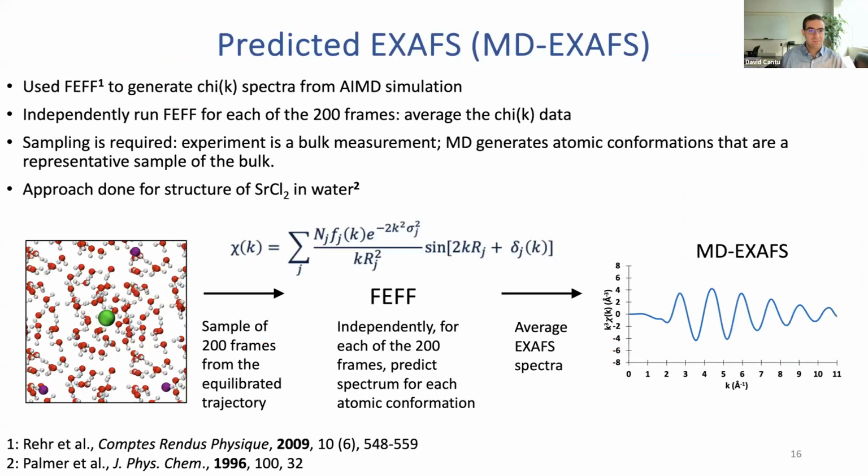And then, to compare to experiments, we predict EXAFS, and we use FEF to generate the spectra from the simulation. So here, if we take one simulation frame, we would generate one spectrum.